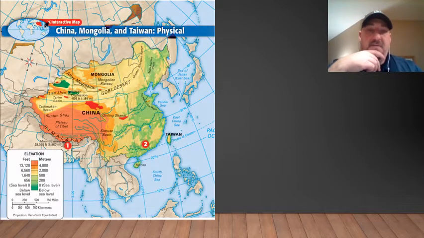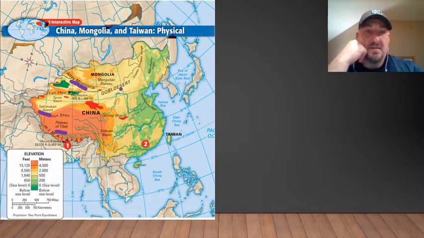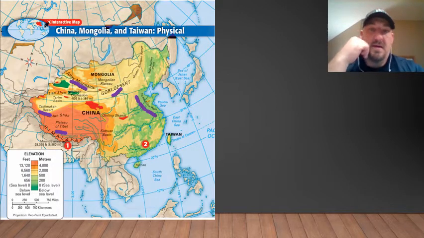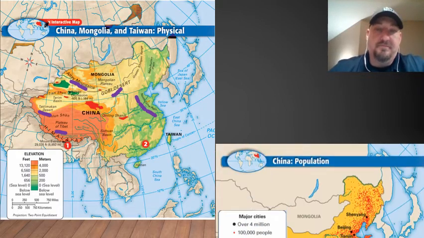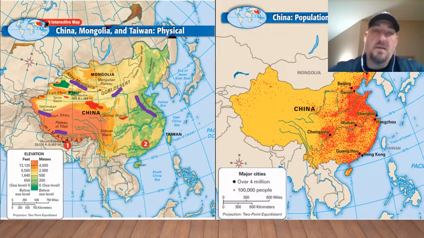So thinking about physical features, and we've highlighted these. And then comparing that to a population map, we can see that the lower elevation is home to a majority of the population.